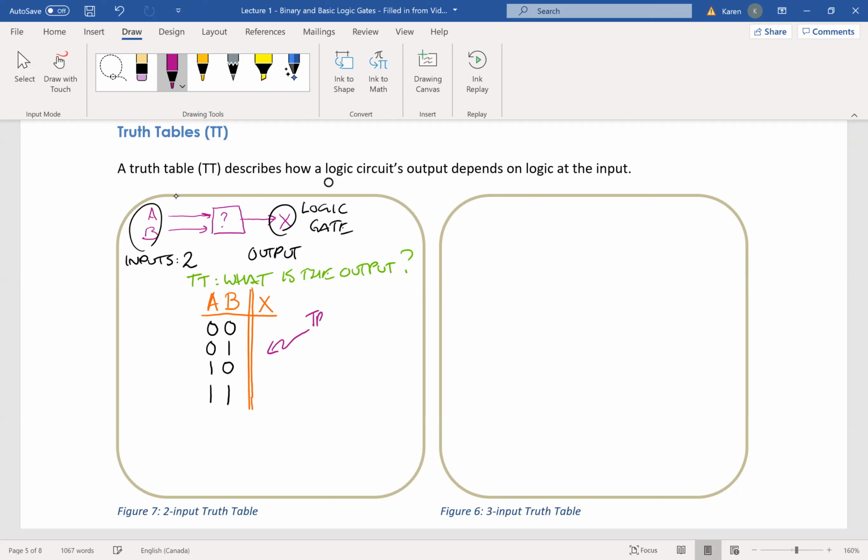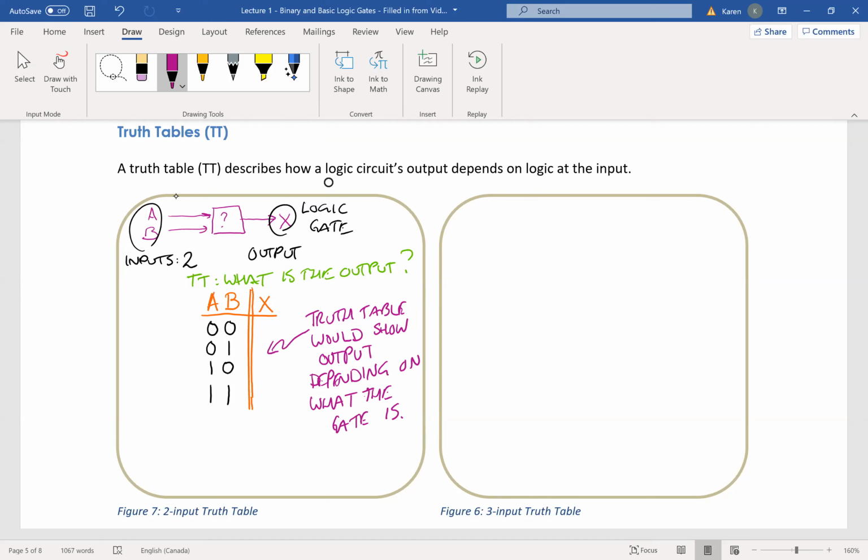So I'm just writing in here, the truth table would show output depending on what the gate is. I'm not going to put values in for ones and zeros there because we don't know what the gate is in this case. So that's what a truth table is.